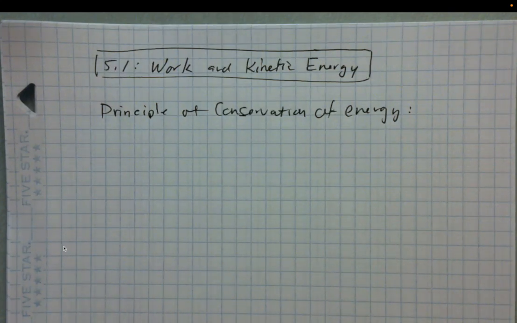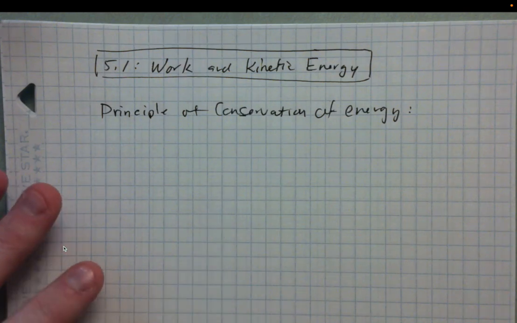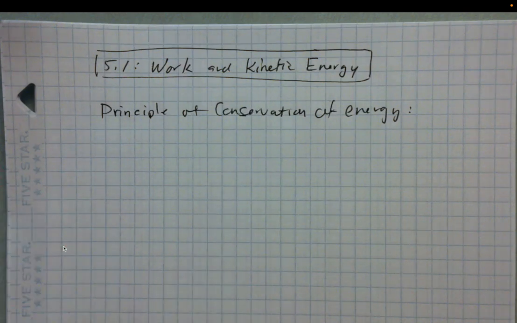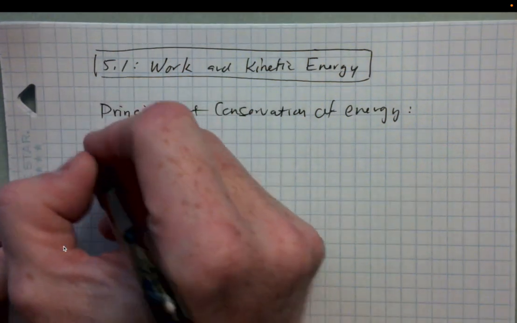But the idea here is that energy is a quantity that can be converted from one form to another, but cannot be created or destroyed. This is something you may have heard of, and it really underpins a lot of this section's content. So let me just write it out here.